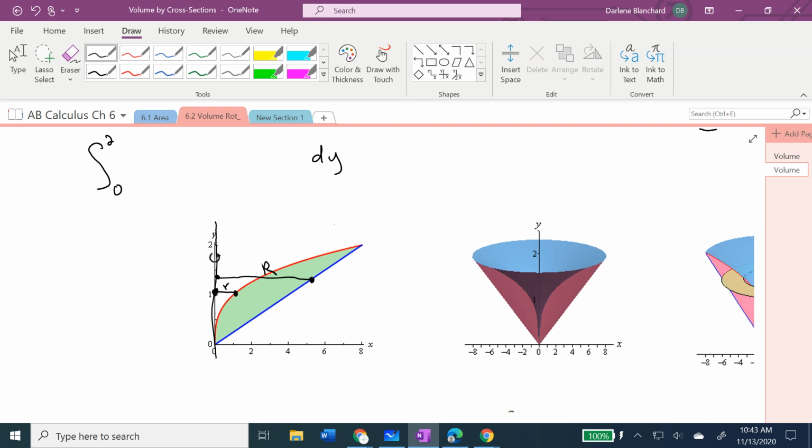Then you recognize that you have an area situation of pi times the outer radius squared minus pi times the inner radius squared.